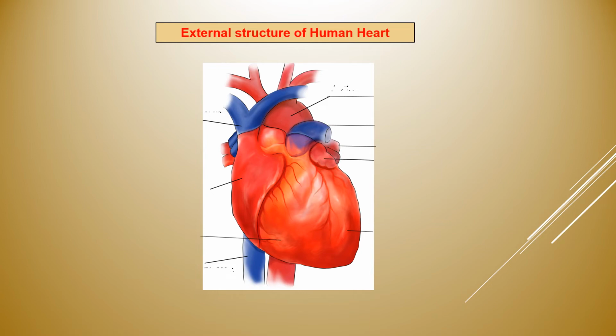The heart is made up of a special type of muscle called cardiac muscle. The heart is enclosed in a double-walled sac called the pericardium. It contains lubricating pericardial fluid, which reduces friction during heartbeat and protects from mechanical injuries.